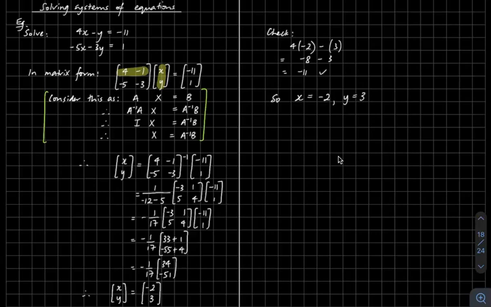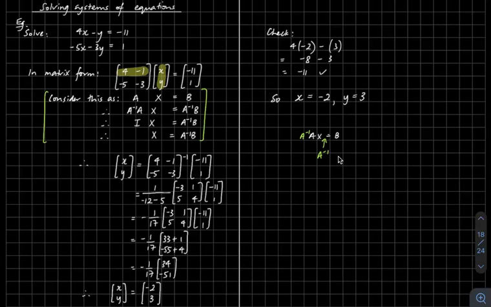Now I did just say right at the end that I would come back and talk again about the whole idea of commutativity. Because it was A times x equals b, I had to multiply by A inverse here at the start, or left multiply by A inverse, because I need A inverse and A next to each other so that I can multiply them together to get I. So in this situation I couldn't put A inverse there, because then I wouldn't be multiplying A inverse by A. I'd be doing A times x first and then times A inverse.